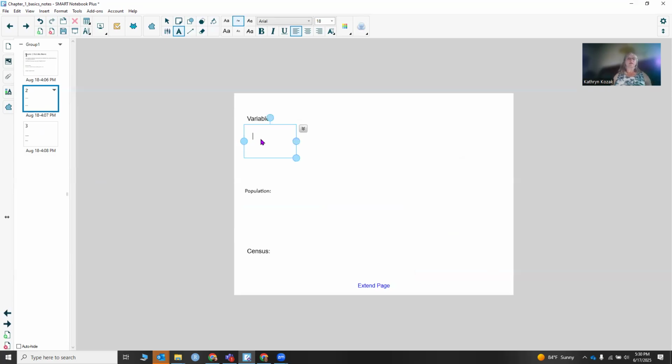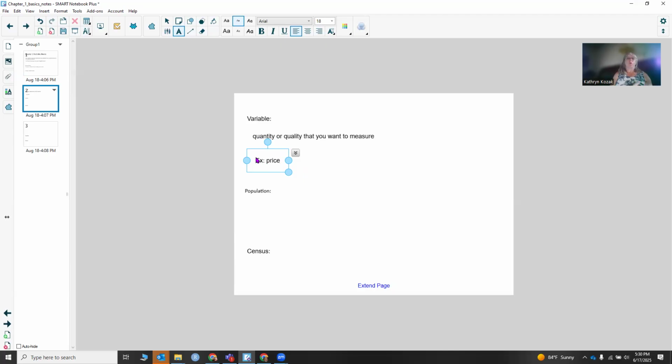So in this case, your variable is the quantity or quality that you want to measure. That's all a variable is, the quantity or quality you want to measure. In this example, our variable would be the price because that's what I want to measure.